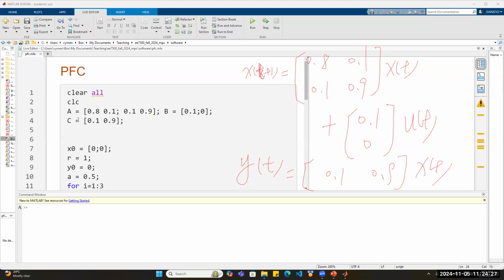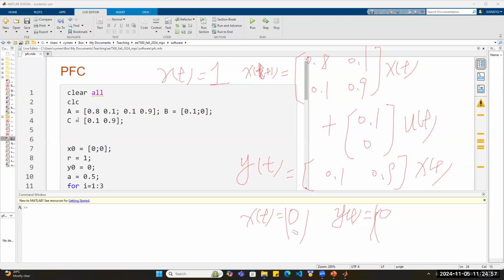In this example, let's assume the state x at time t is 0, so therefore y at time t is 0. x is a vector, and y_t is just a scalar. The current state is 0, and the set point is r_t, which is 1.